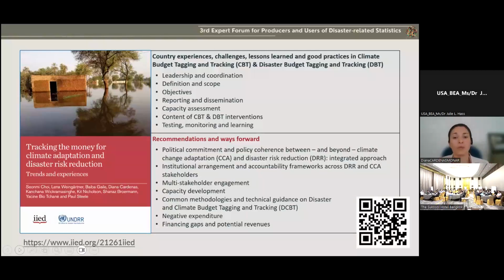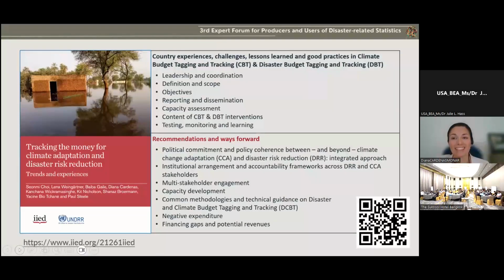Even on climate finance, we also have this big challenge of lack of standardized methodologies, and we need to do some work on that. Also, very few countries we identify are looking for or tagging and tracking negative expenditure.